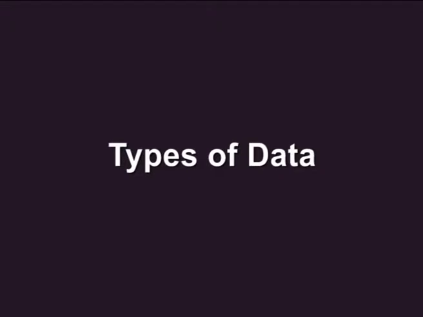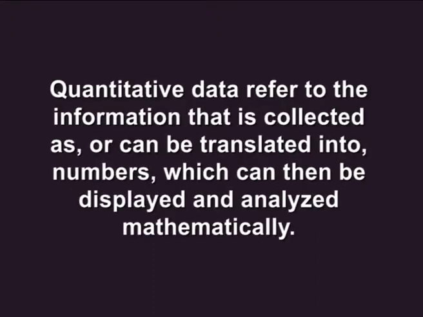Data can be broadly divided into two types: quantitative and qualitative data. Quantitative data refers to the information that is collected as or can be translated into numbers, which can then be displayed and analyzed mathematically.